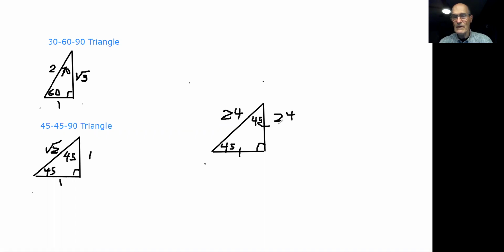So this would be 24 divided by the square root of 2. If you want to rationalize that, you can multiply by square root of 2 over square root of 2, and you would get 2 on the bottom. So you get 12 square root of 2, because square root of 2 times square root of 2 on the bottom gives you 2, and 24 over 2 is 12. So that would be 12 square root of 2, and this would be 12 square root of 2.